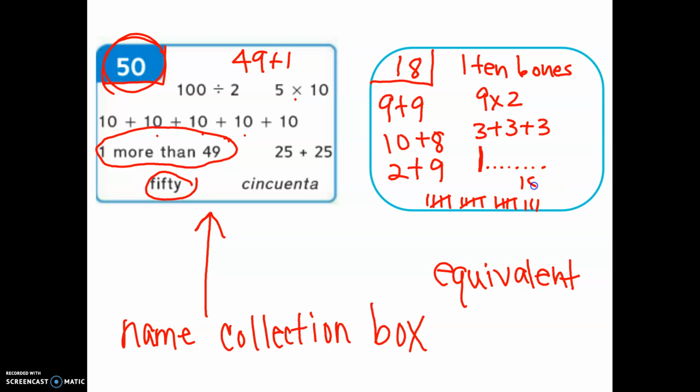And here we go. So I'm going to look at all these that I put in there, and I need to make sure that they are all equivalent or equal.